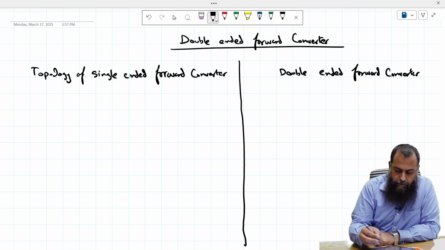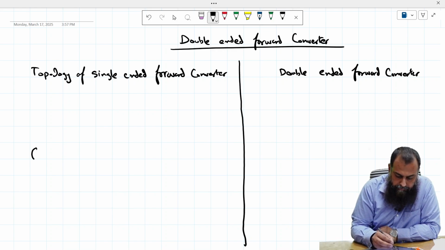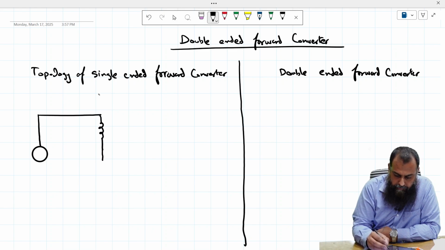So single-ended topology consists of a voltage source and a transformer.